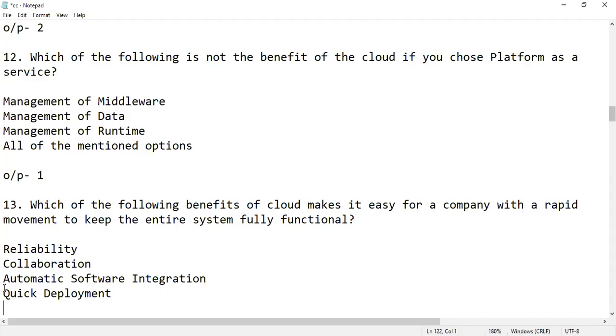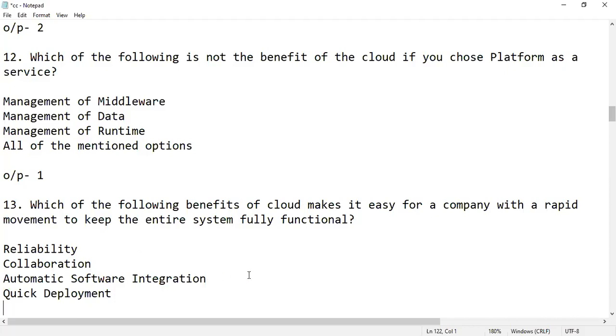Okay, see, the answer for this question, which of the following benefits of cloud makes it easy for a company with rapid movement to keep the entire system fully functional, will be automatic software integration.